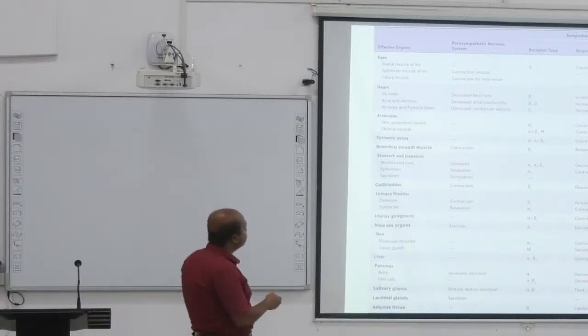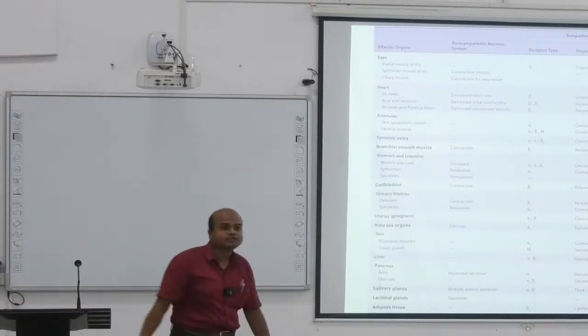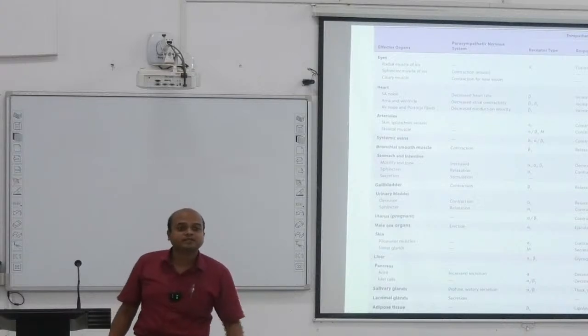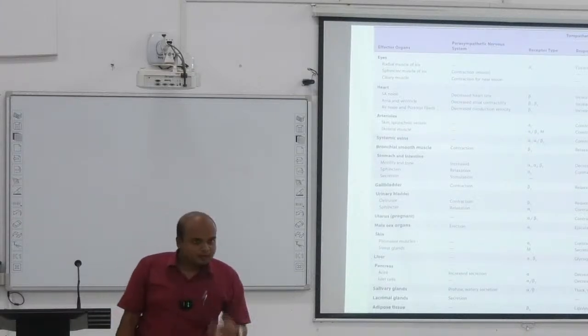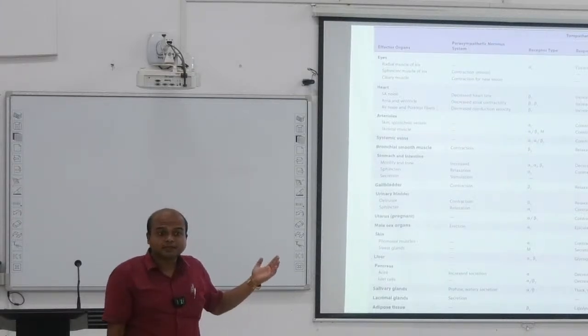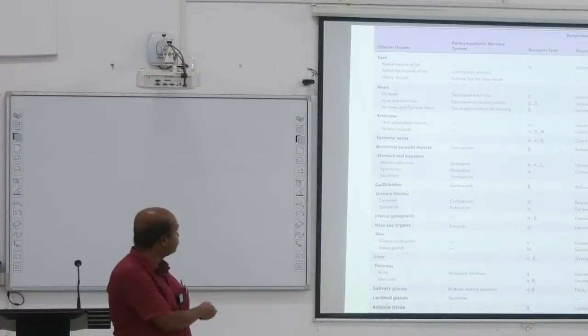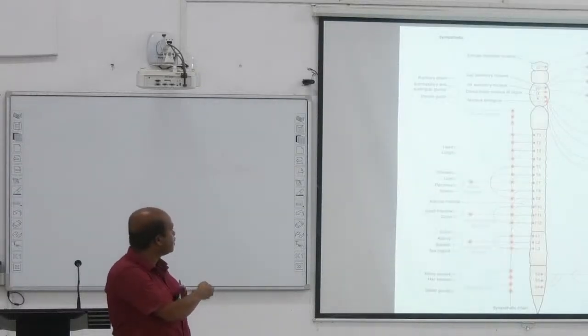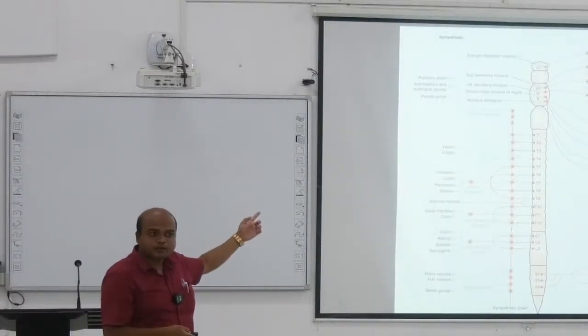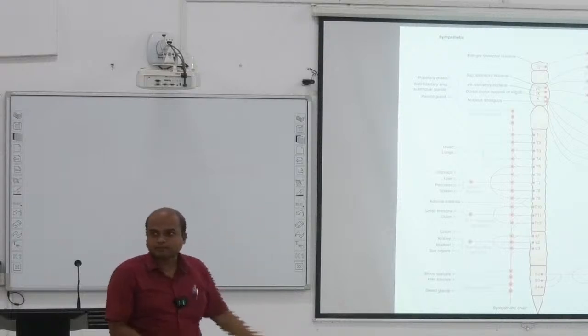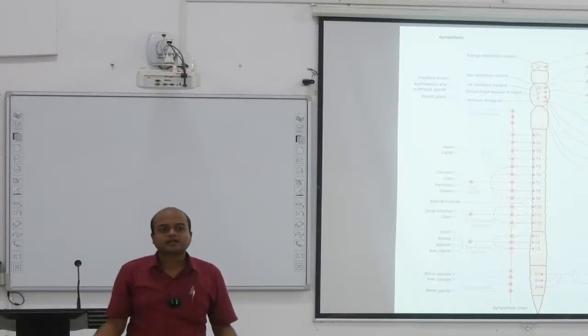For the heart, atrial contractility, conduction velocity, heart rate, all these will decrease under the action of the parasympathetic system. Which cranial nerve? Just we saw vagus, dorsal motor nucleus and nucleus ambiguus, vagus. So what is the action of the vagus nerve?